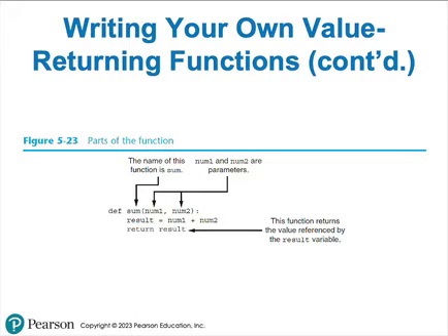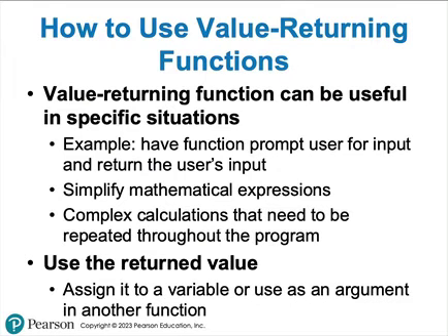It takes two numbers, adds those together, puts them in a result, and then there at the bottom we have return result. So whatever the numeric value is of that addition will be what is returned to the main program. And like we saw before, you would then either use that value in a print statement, or you might assign it to a variable.